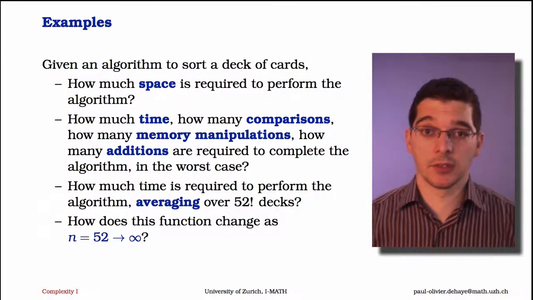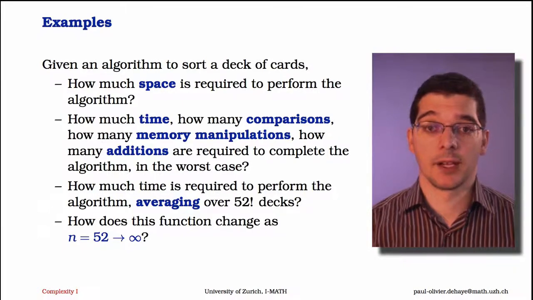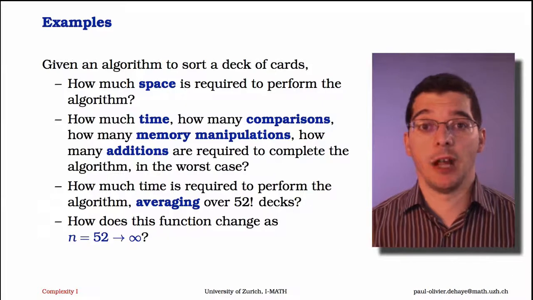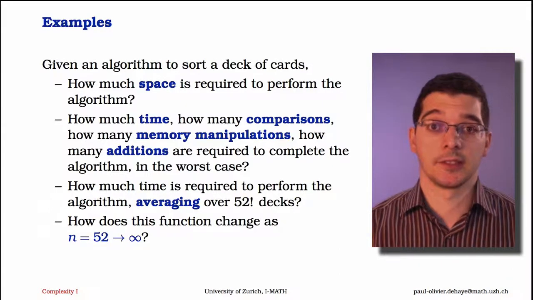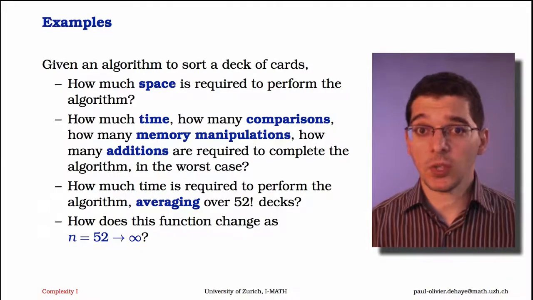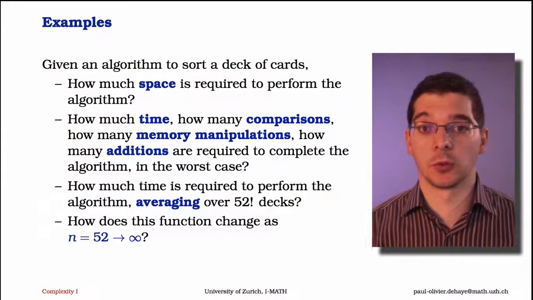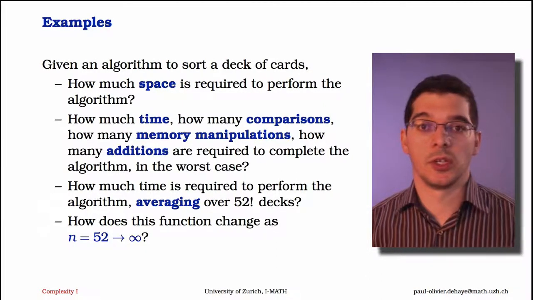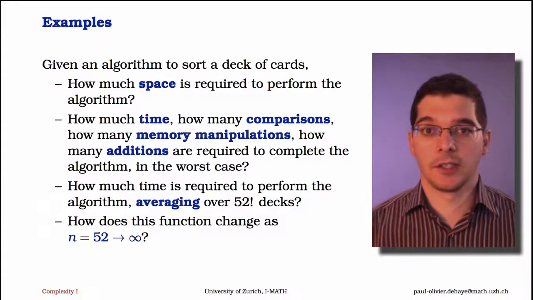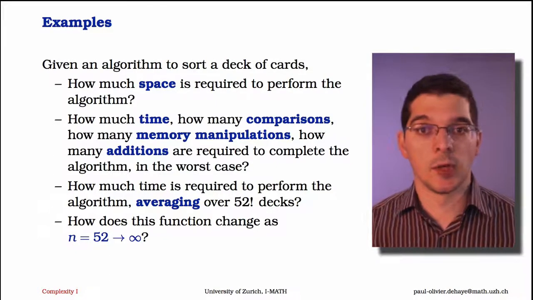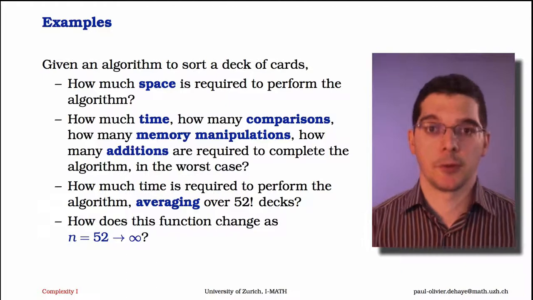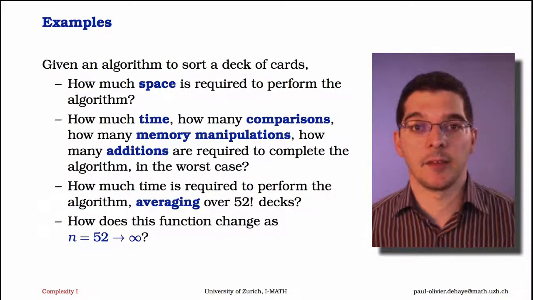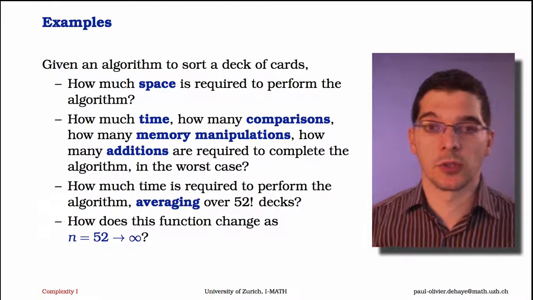Let me give you one example of an algorithm and different questions you can ask relating to complexity. The algorithm would be an algorithm to sort a deck of cards. Think of a few examples. You could just throw all the cards in front of you and pick the smallest, and then the second smallest, and then the third smallest, etc. Or you could be, let's say, 5 people around the table and you want to sort the deck of cards.